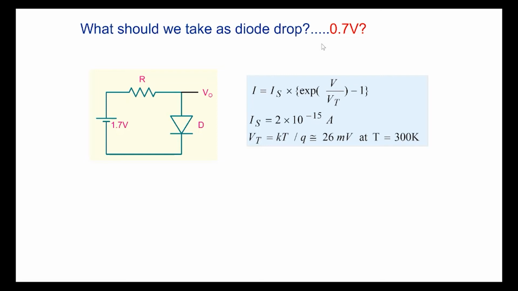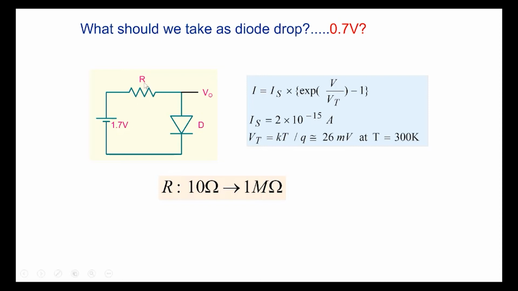Let's see this particular diode that we have, with saturation current and all that given here, and this is the circuit with a 1.7 volt battery. To see how accurate, suppose I substitute the diode by a 0.7 volt model, and I will get a certain value of current in the circuit. And the issue is, how accurate is that current?